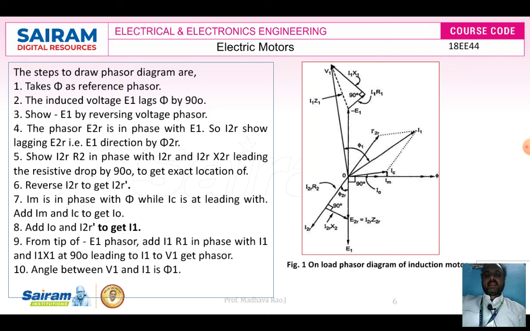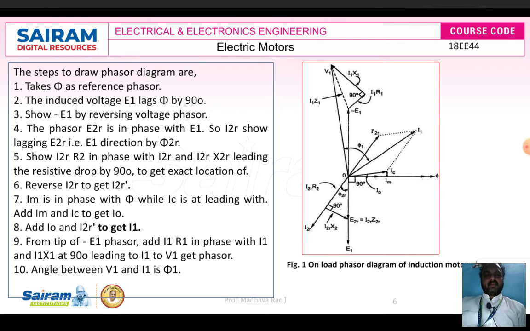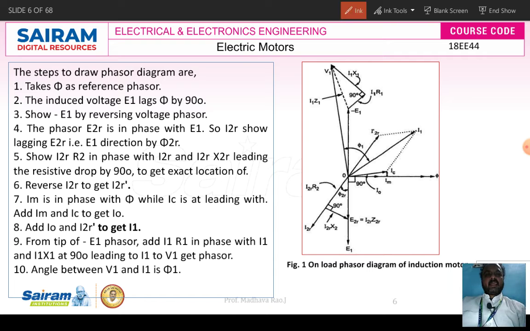So take phi as the reference phasor. Here phi is the reference phasor we have taken on the x axis, and the induced voltage E1 lags phi by 90 degrees. Then minus E1, by reversing the voltage phasor, is opposite to E1.